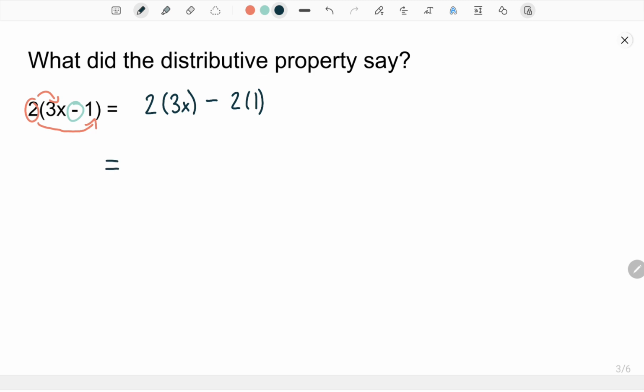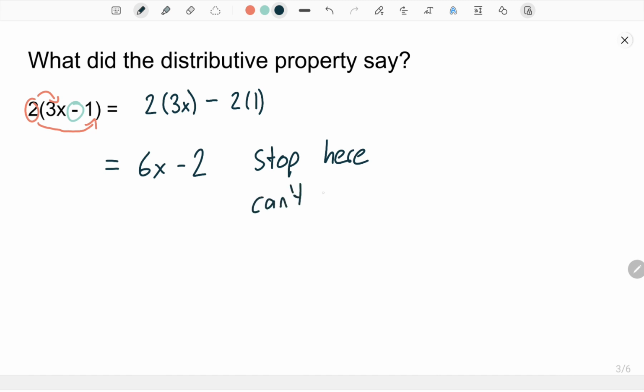And we can actually go ahead and multiply that out. So 2 times 3x, we just multiply the numbers, which is 6x, minus 2 times 1, which is just going to be minus 2. You might be tempted to subtract 2 from 6 at this point, but this is the final answer, so I'll just say stop here.